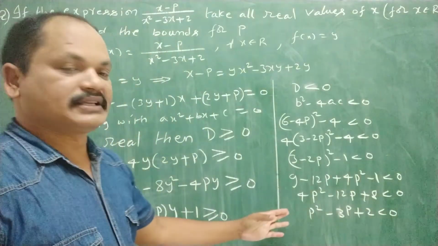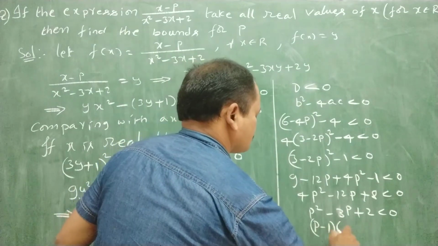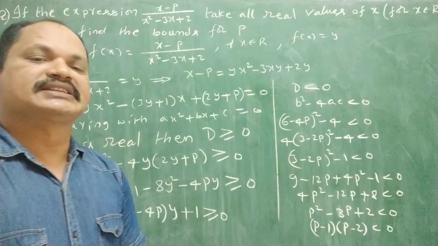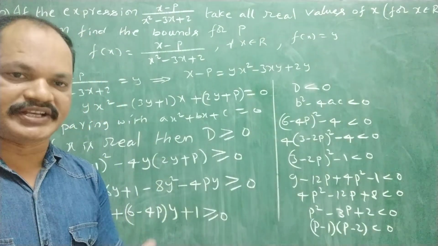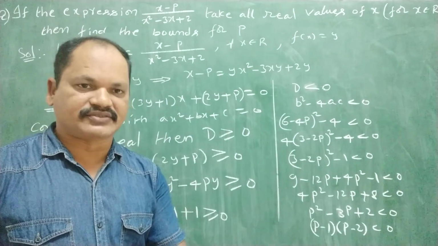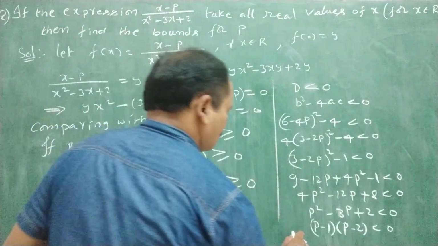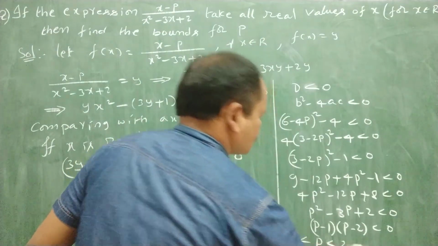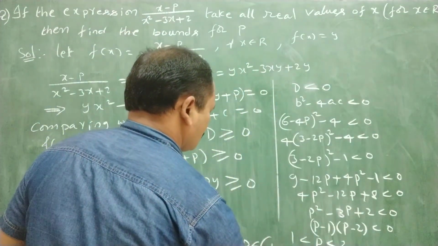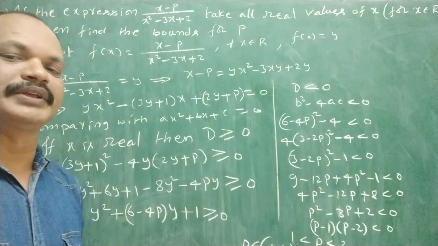That's why the roots for this one: (p minus 1) into (p minus 2) less than 0. This is in the form of (x minus alpha)(x minus beta) less than 0. Then the value lies within the interval alpha and beta. That's why 1 less than p less than 2, so p belongs to open interval 1 to 2. So these are the bounds of p.